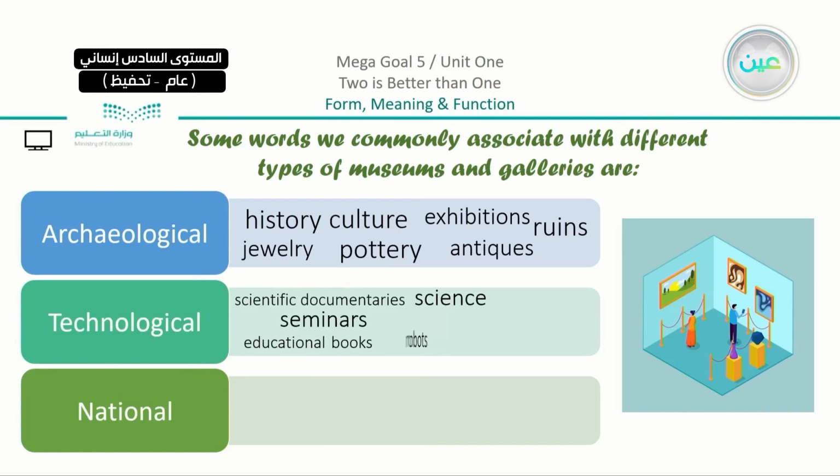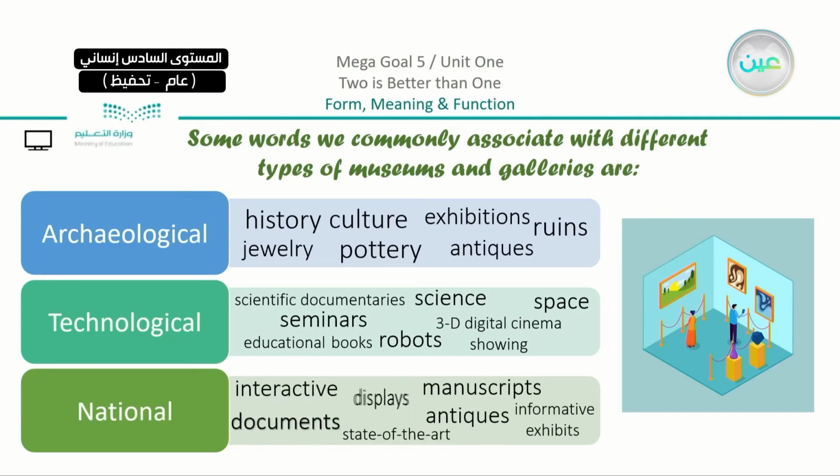We have scientific documentaries, science seminars, space, 3D digital cinema showing, robots, and educational books. And we have the third type, the National Museum, where we can find interactive displays, manuscripts, documents, state-of-the-art antiques, and informative exhibits. So just to know that there are different types of museums and galleries, and in each one you can find specific things inside them.